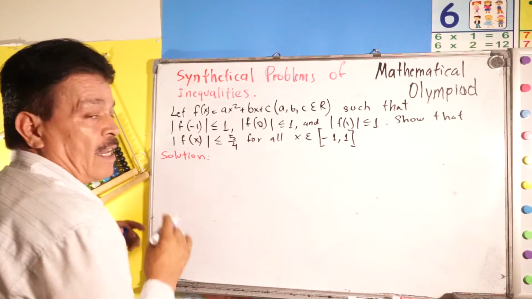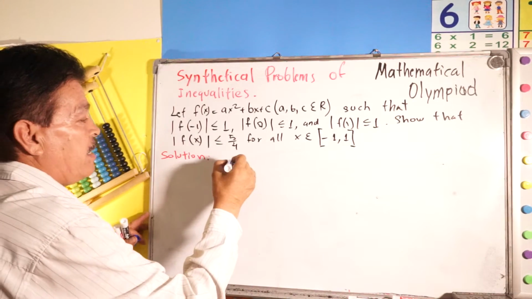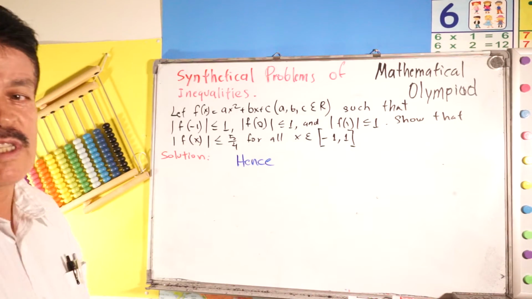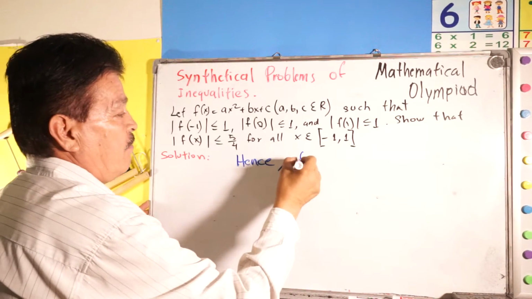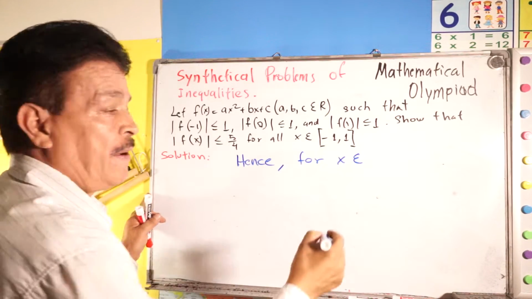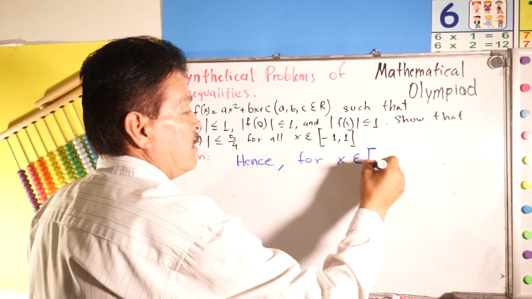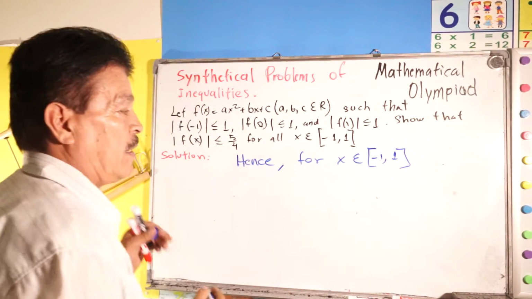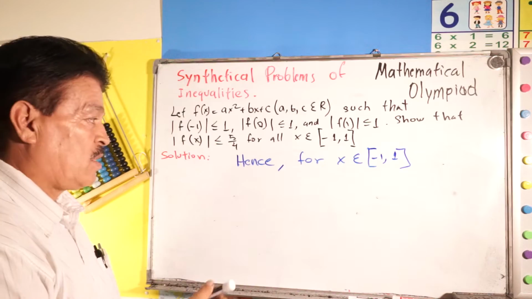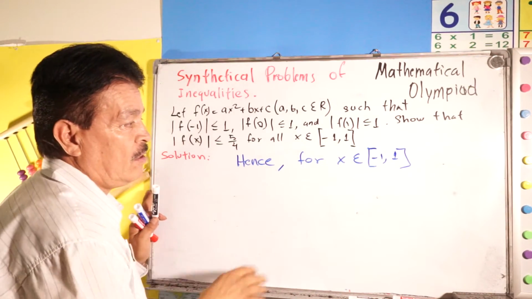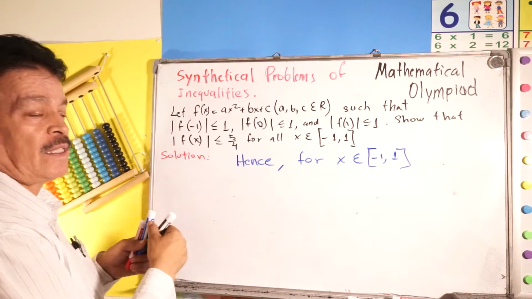So now let's write here, for x belonging to the interval [-1, 1]. I will try to write step by step in this little space.